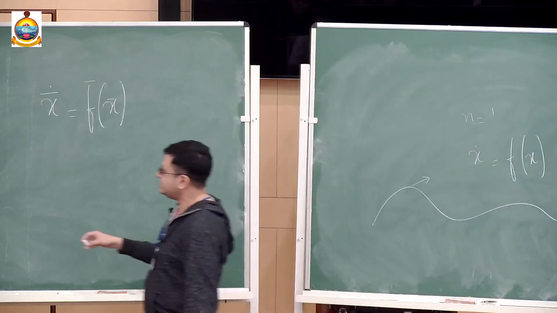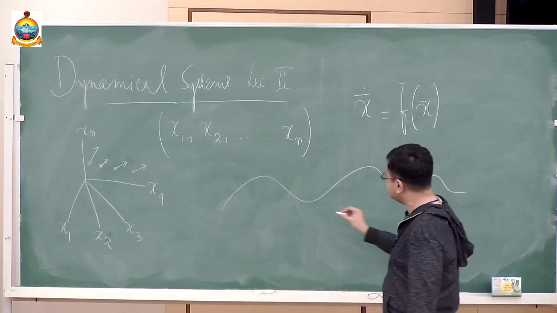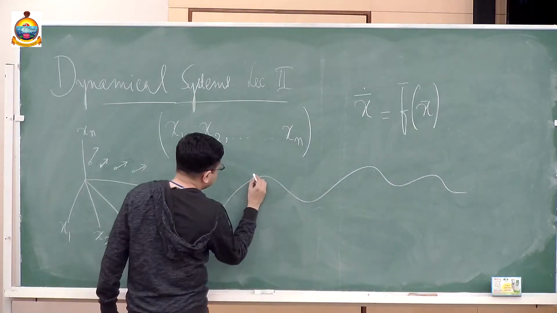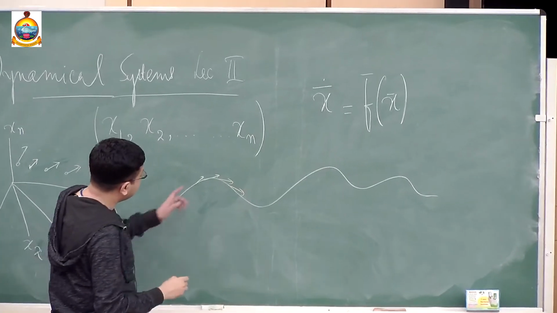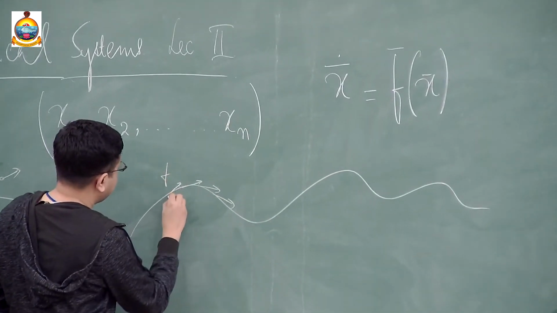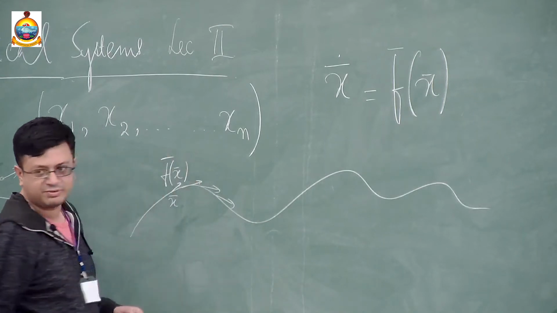So it's like that in this n-dimensional space, your actual trajectory is such that if I draw the tangent at every point, suppose this is my point x, the tangent at that point is f of x.